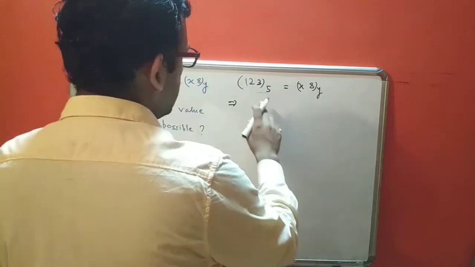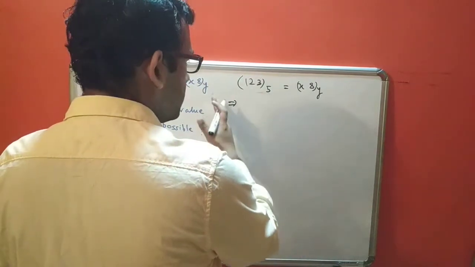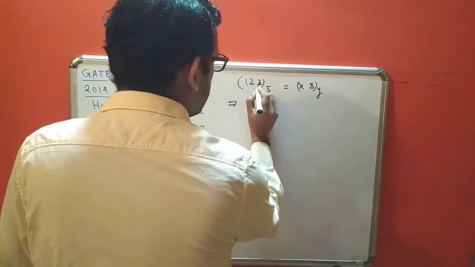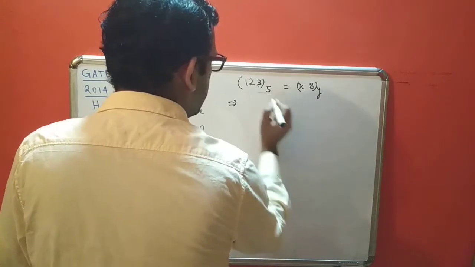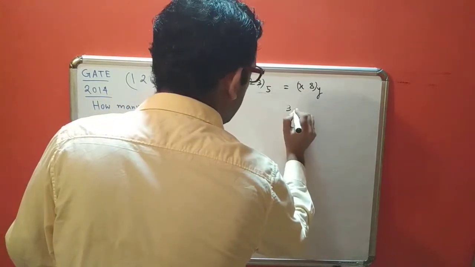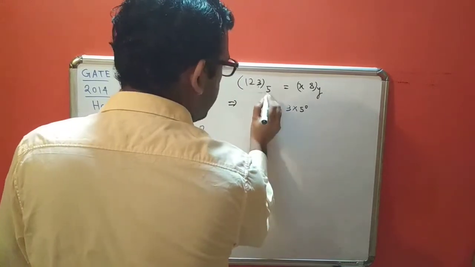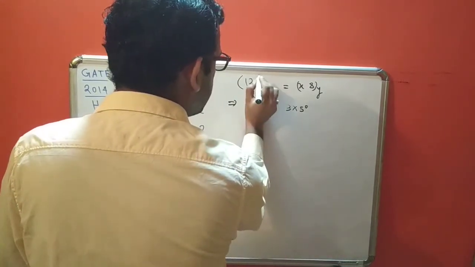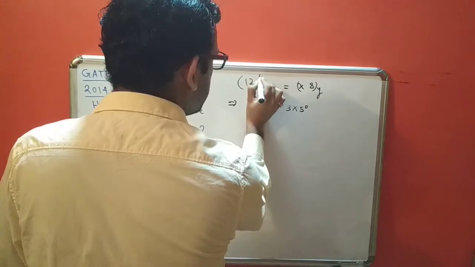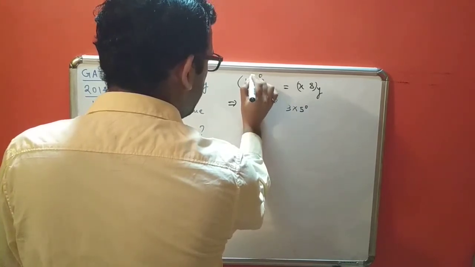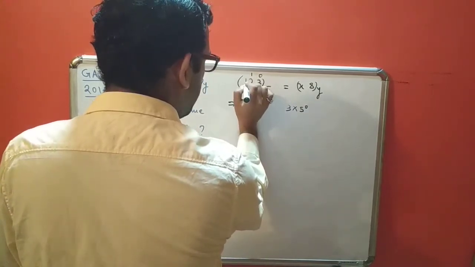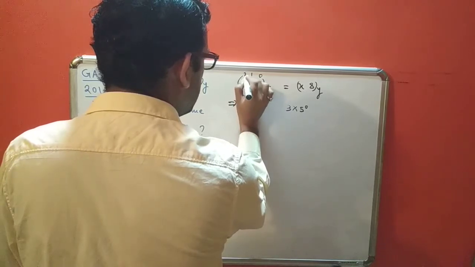So let's do this. Now here I have to take the sum of the positional weights. See, 3 is my LSB, so I start with it. 3 into 5 raised to the power of 0. Why? Because 5 is my base and this has the least positional weight. Its positional weight is 0. The positional weight of 2 is 1 and the positional weight of 1 in this case is 2.